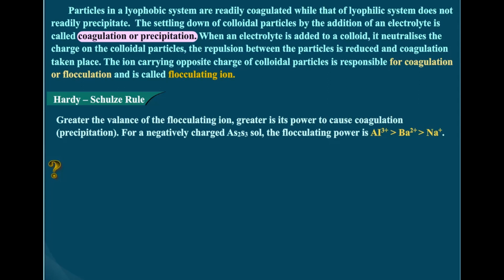Greater the valency of the flocculating ion, greater is its power to cause coagulation or precipitation. For a negatively charged sol, As2S3, arsenious sulfide, the flocculating power of aluminium, having the greater valency, is greater compared to barium and the least for sodium. So the greater power of coagulation will be for Al3 plus, greater than Ba2 plus, greater than Na plus.